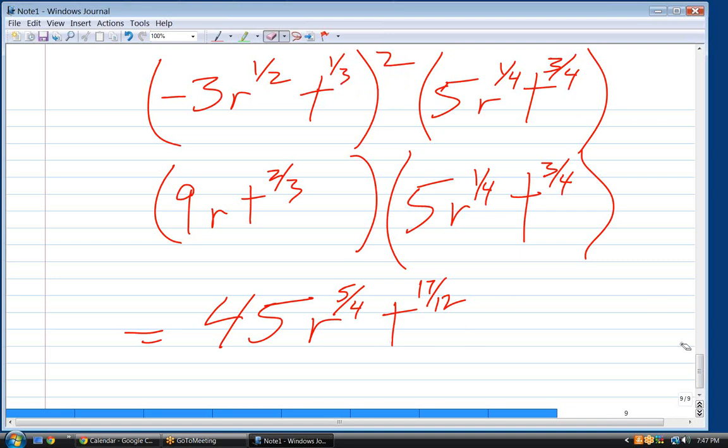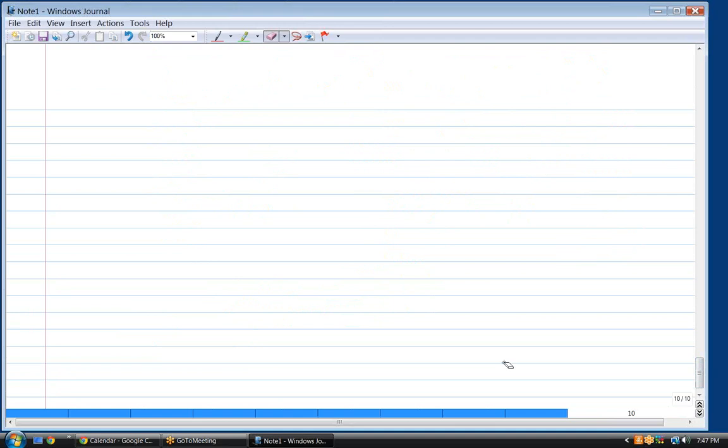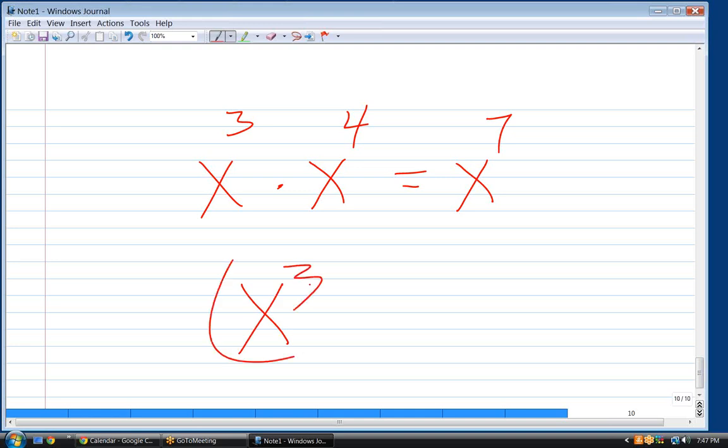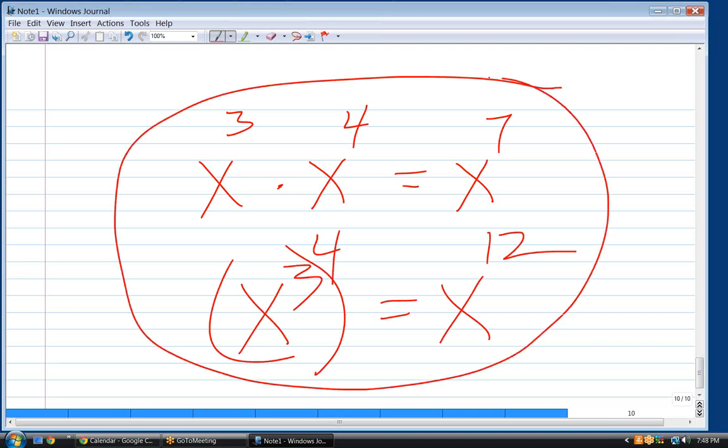When you are multiplying variables, if I'm multiplying x to the 3rd times x to the 4th, I'm going to add the exponents. But if I've got x to the 3rd being exponentiated to the 4th, I'm going to multiply them. Those are the two most important rules that apply to that last problem.